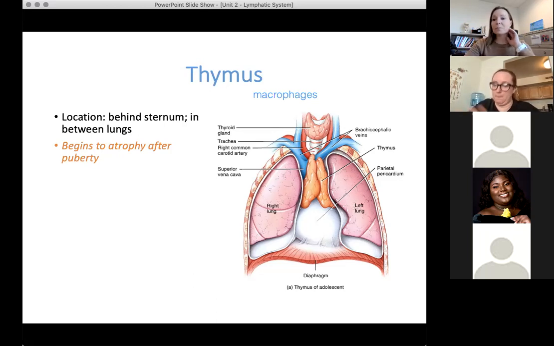Yep. I just always remember thymus starts with T. So that's the place for the T cells. That's where the T cells mature and grow.